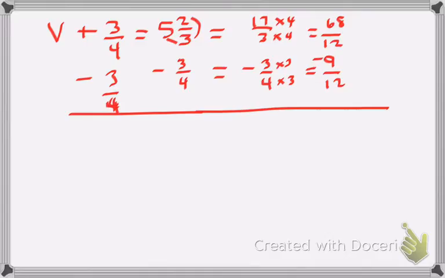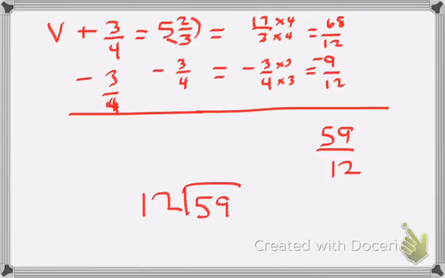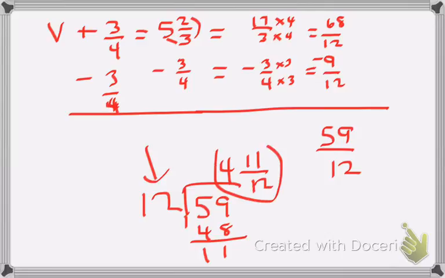So when I do this, 68 minus 9 is 59 over 12, and then I have to convert that. 12 divides into 59, let's say 4 times, 48. I have a remainder of 11, and I take my remainder, 11, and I put it over the divisor, 12. So here's the answer, and that's that.